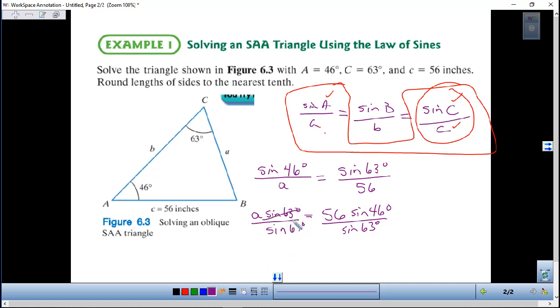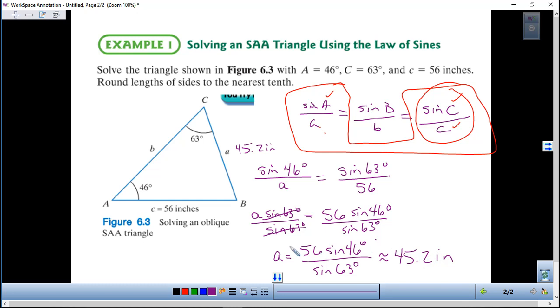So when these cancel out, I'm going to have just A is equal to 56 times the sine of 46 degrees divided by the sine of 63 degrees. Now I'm going to find that to the nearest tenth. And when I do that, I'm going to get 45.2 inches. So that is side A, 45.2 inches.